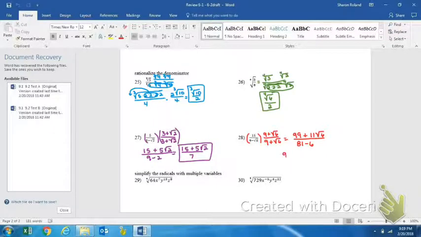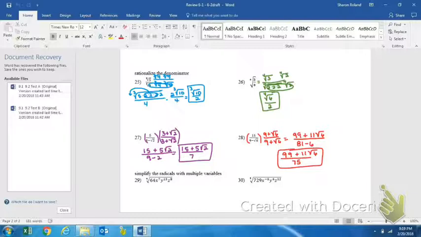So you have 99 plus the square root of 6, excuse me, my mistake. It's 99 plus 11 root 6, all divided by 81 minus 6 is 75. And that's your number.